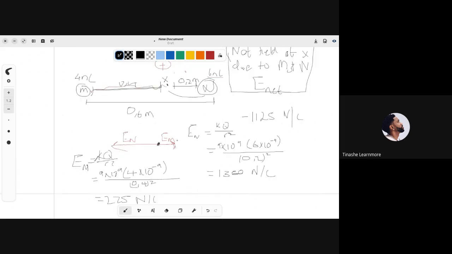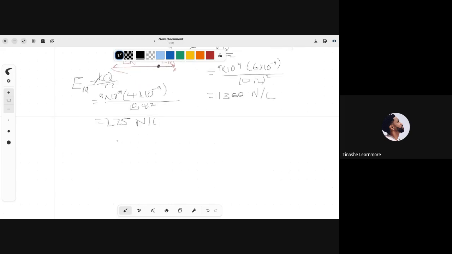Then suppose in my case, I'm going to take the right side as positive. I'm going to follow the Cartesian plane. I'm going to take the right side as positive. Then this will be the M minus the N. So E net would essentially then be E M minus E N. Which means I'm going to have 225 minus 1350.